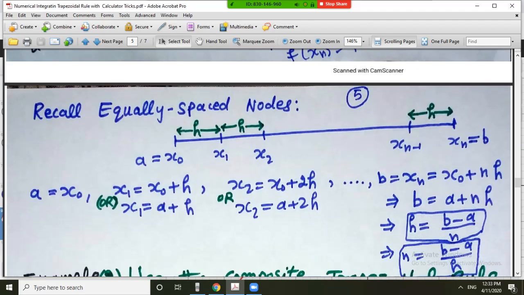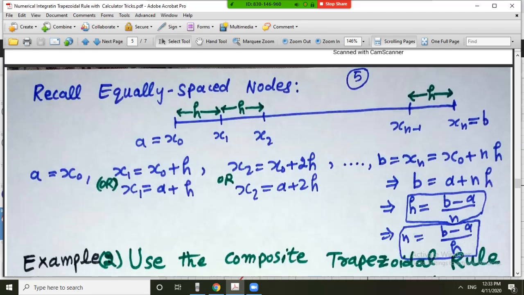Before solving the example, let us recall equally spaced nodes. Let x0, x1, x2 up to xn be equally spaced nodes. What does it mean? This means that the length between x0 and x1 is h, the same length is between x1 and x2, and so on.